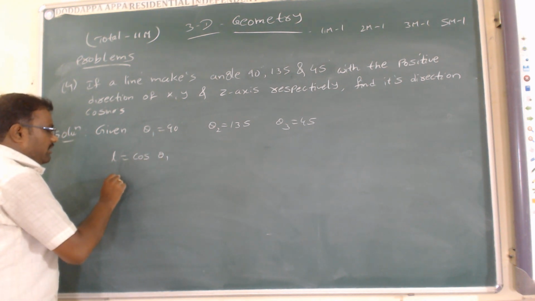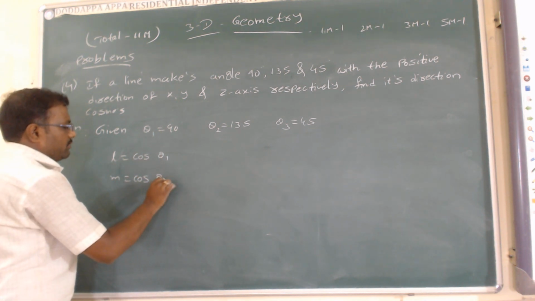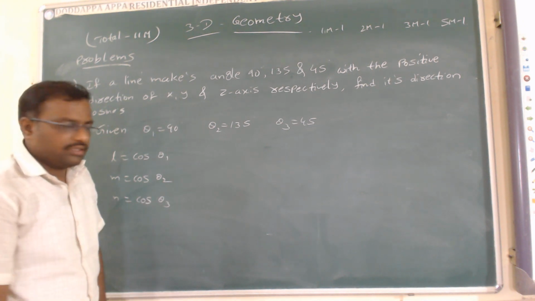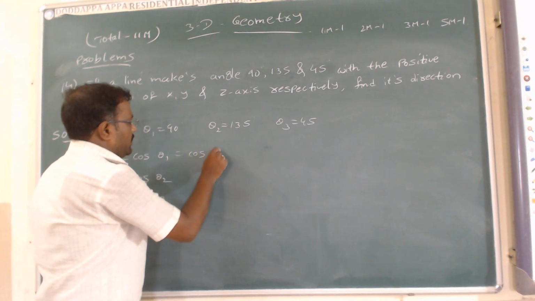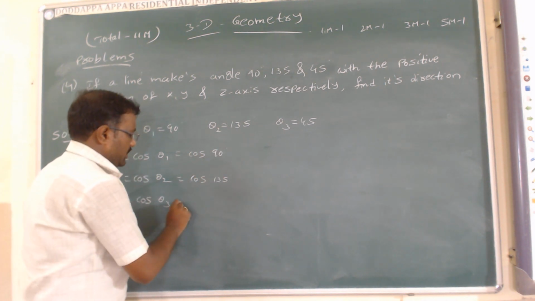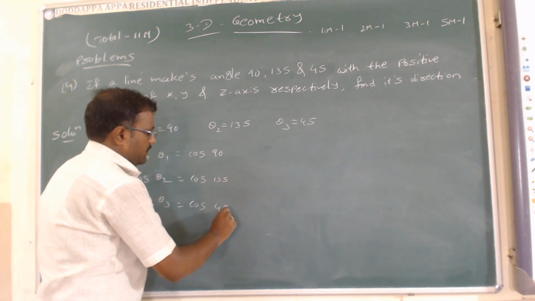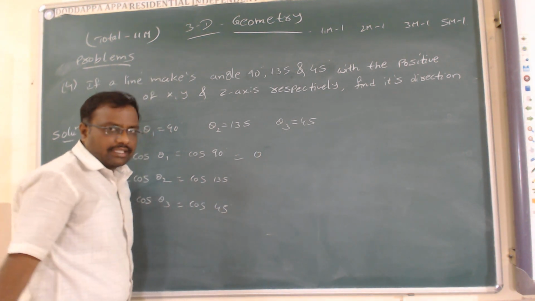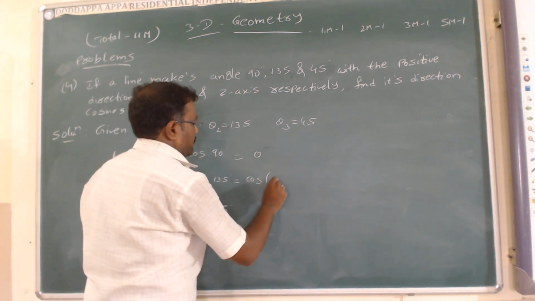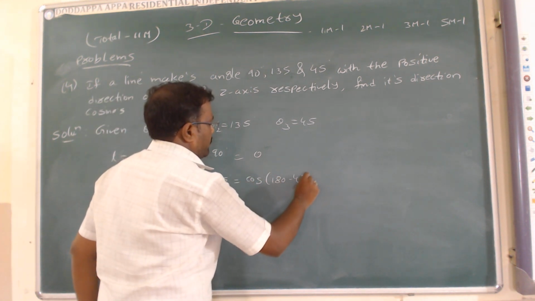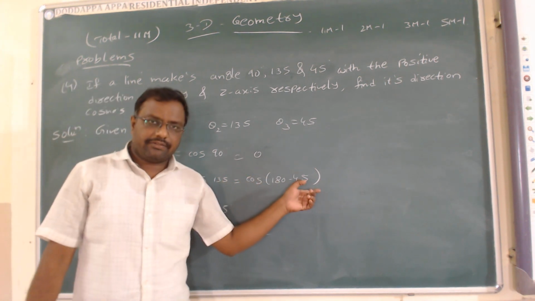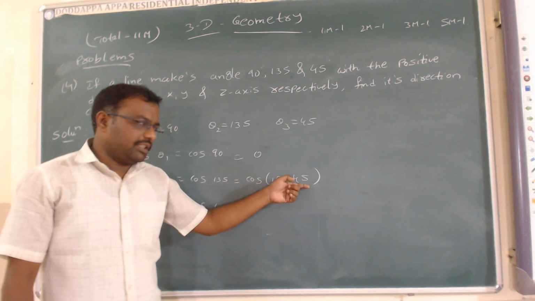Okay, we know the formula: L is equal to cos theta 1, M is equal to cos theta 2, N is equal to cos theta 3. So here theta 1 value is 90 degree, theta 2 value is 135 degree, theta 3 value is 45 degree. So cos 90 is 0. But here 135, you can split this one as 180 minus 45 degree. So 180 minus theta, which quadrant?